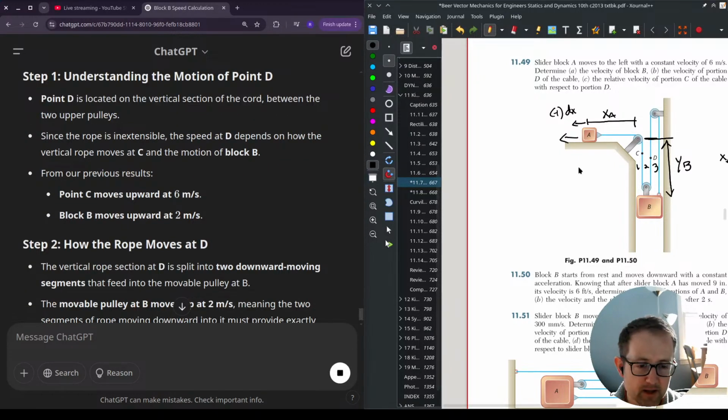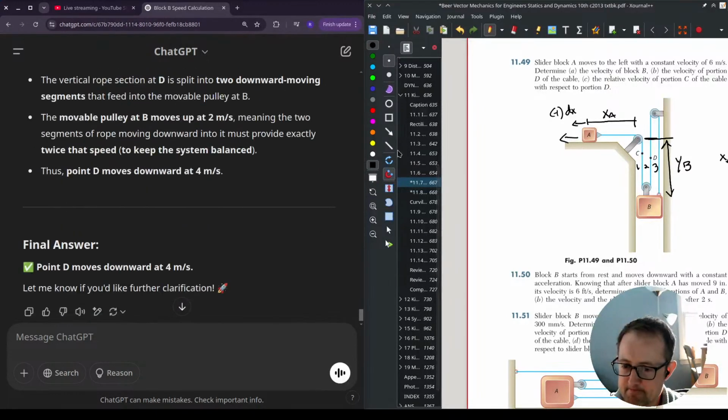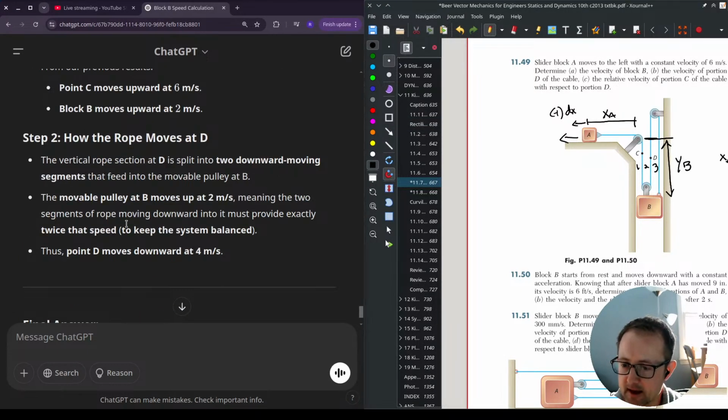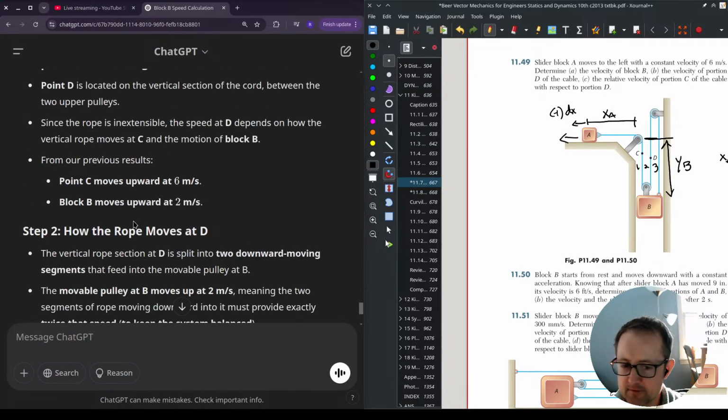And the motion of block B, I don't know that it really depends on B so much, but 4 meters per second. That is an interesting thought. Why 4?